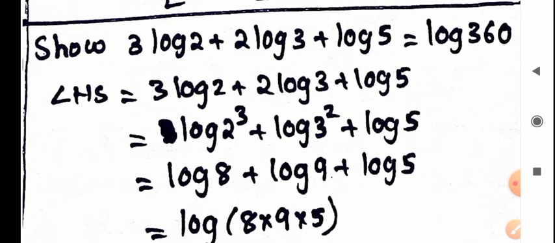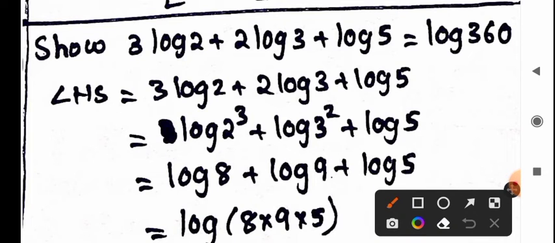3 log 2 plus 2 log 3 plus log 5 is equal to log 360. Now take LHS, 3 log 2 plus 2 log 3 plus log 5. Using power rule, this will become 2 cube, this will become 3 square.